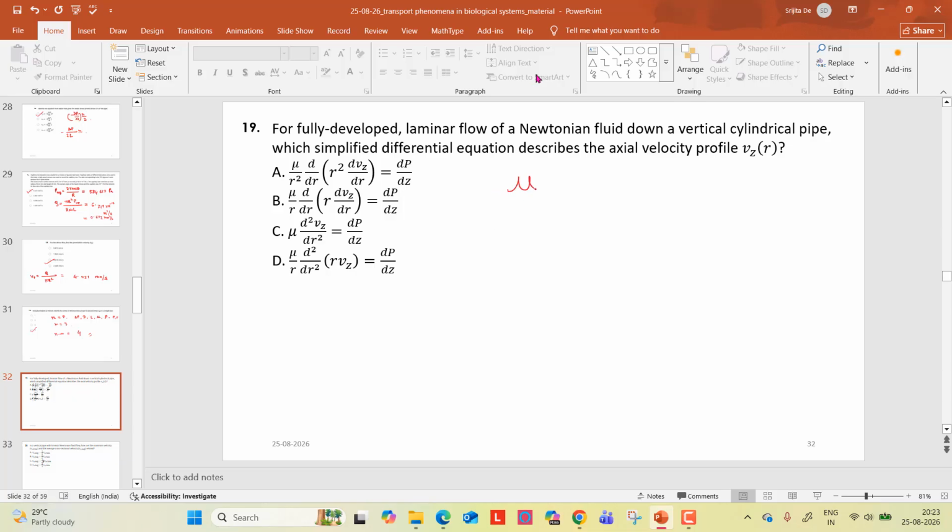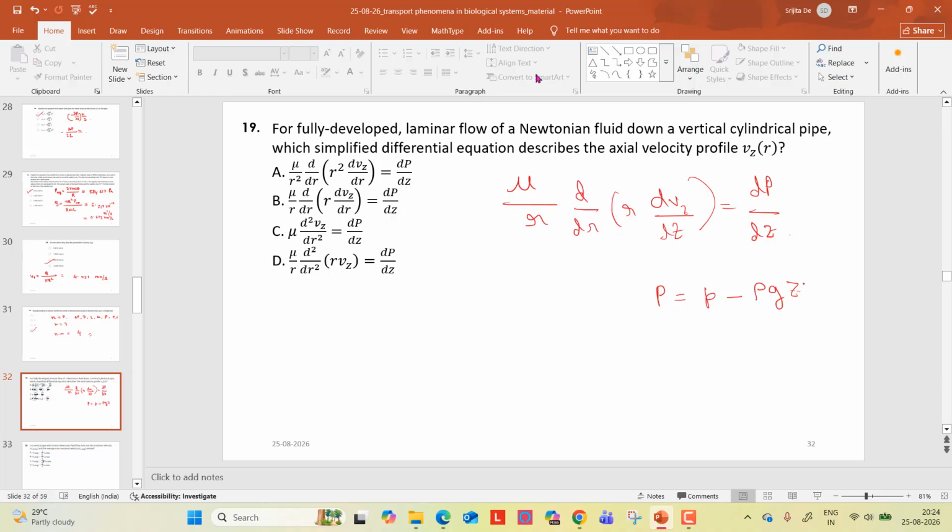So it will be mu by r d/dr of r dVz/dr. Just like how we calculated pipe flow, it has to be for the vertical one, and this P includes the pressure drop term and the gravity term.